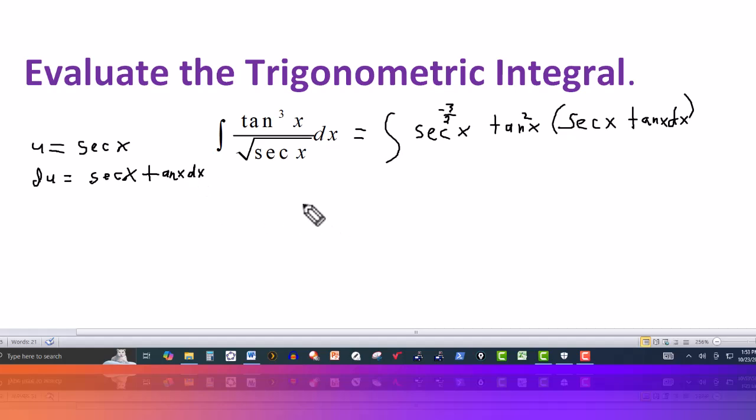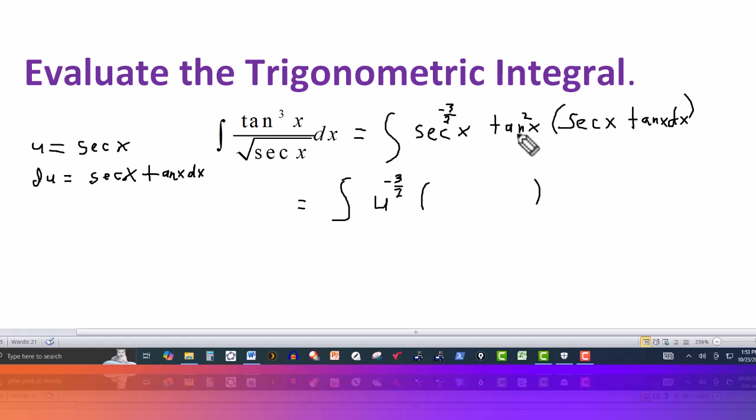Now let's see if we can transform this integral into one involving the variable u. So this could be the integral of, and then secant here, that's your u, so I'll just replace it. We're going to convert this to the variable u. So this is u then, secant to the negative 3/2, so it'll be a negative 3/2 here.